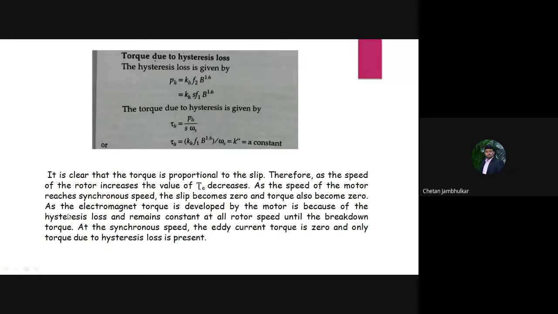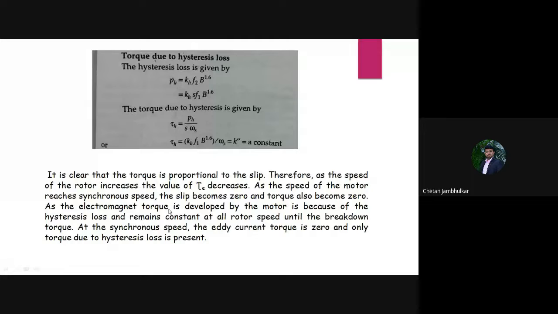So it is clear that the eddy current torque is proportional to the slip. Therefore, as the speed of the rotor increases, the value of the torque decreases, and as the speed of the motor reaches synchronous speed, the slip becomes zero and the eddy current torque also becomes zero.